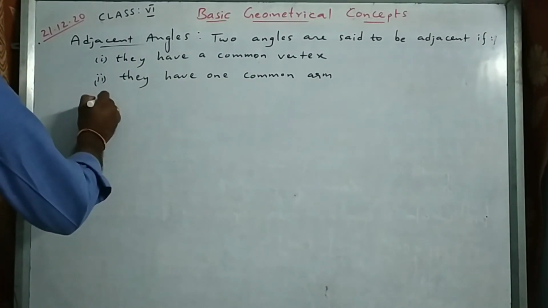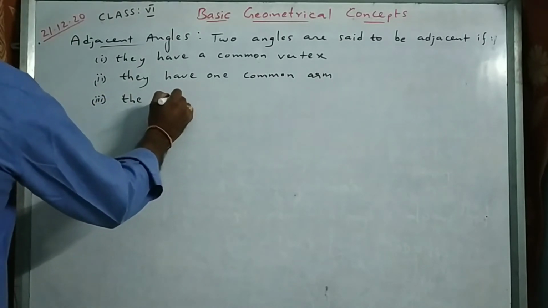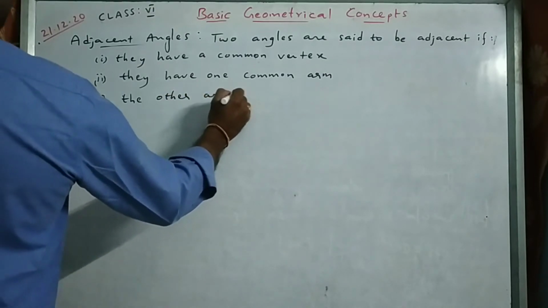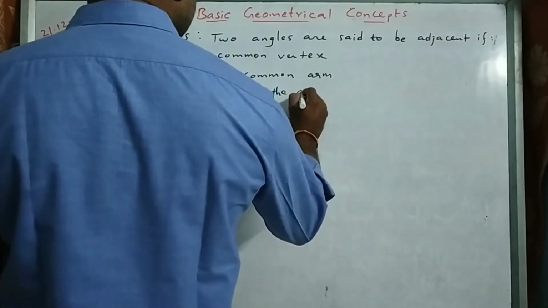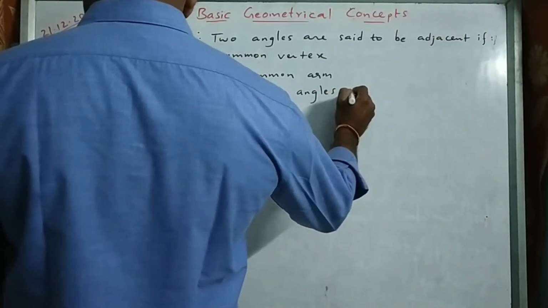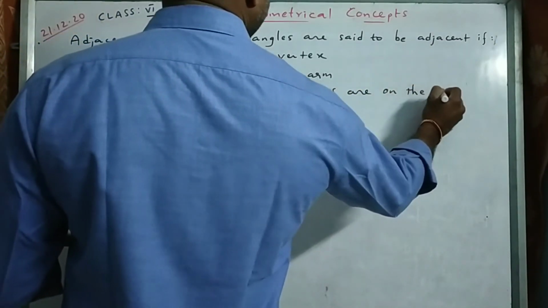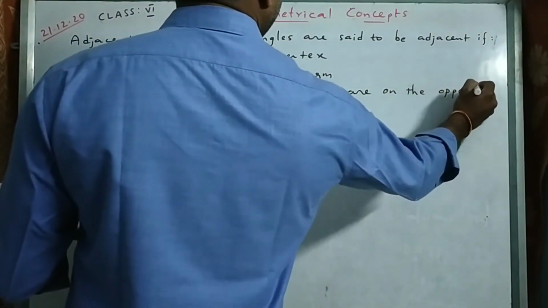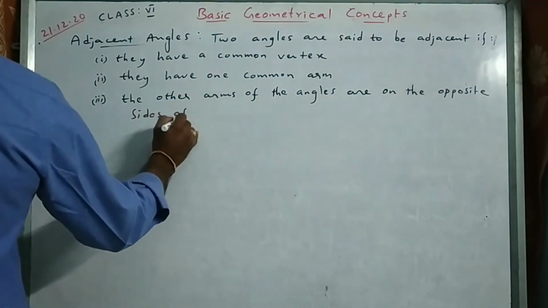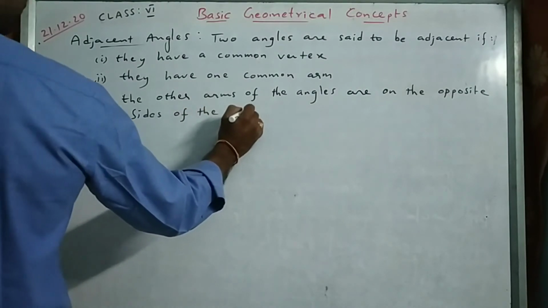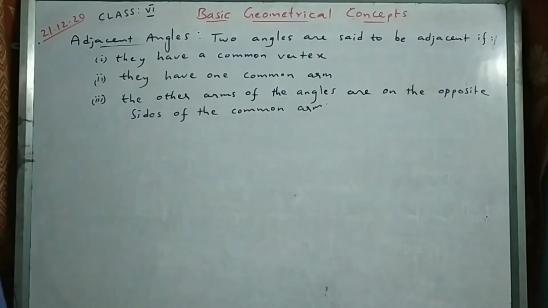Third one, the other arms of the angles are on the opposite sides of the common arm. Opposite sides of the common arm.